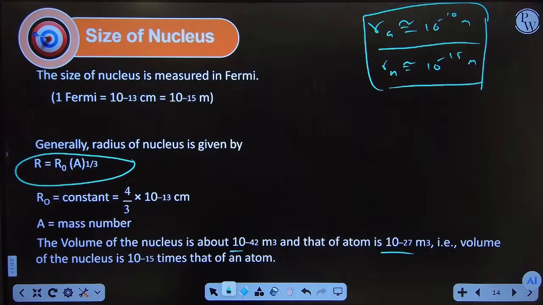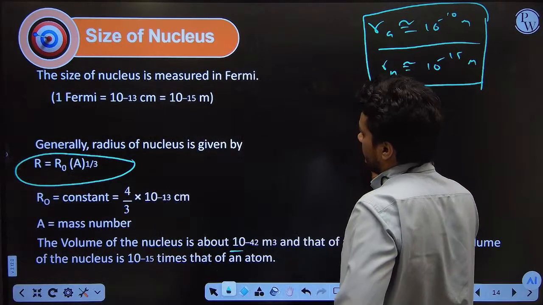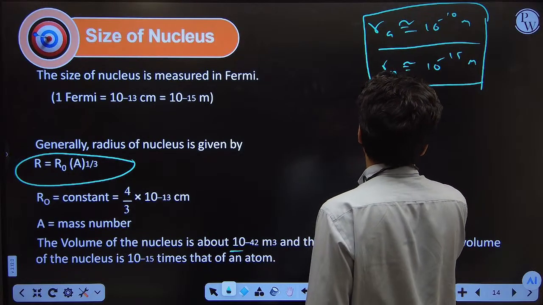I'll give you questions. Before that, one last point we'll write in this. So we did size of atom, size of nucleus, and last is the number of alpha particles at angle theta.